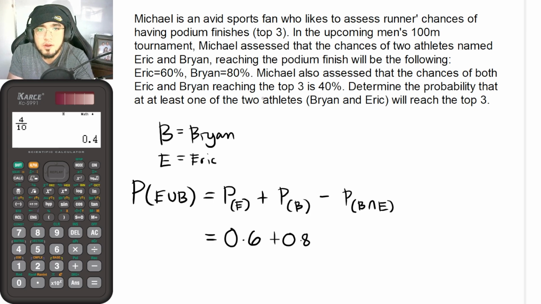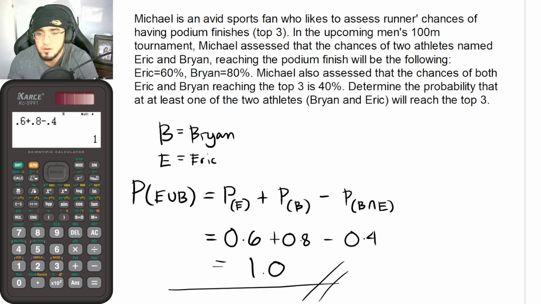And Eric and Brian both in the top 3 is 40%, meaning we would be subtracting 0.4 here. So 0.6 plus 0.8 minus 0.4 is equal to 1.0. In terms of percentage, that is equal to 100%.